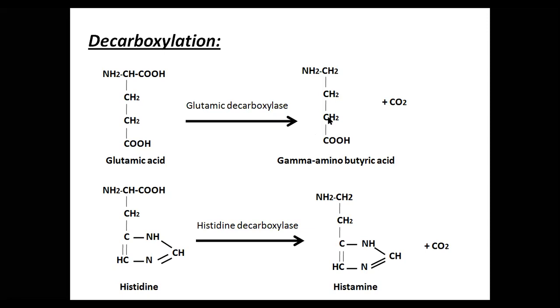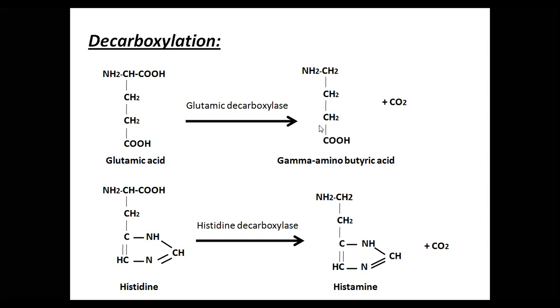So this carbon is known as alpha carbon, this one beta, this one gamma. Is it clear, Losini? So this is why it is known as gamma amino. And why butyric acid? Because the carbon number is 4: 1, 2, 3, 4. This is why it is known as gamma amino butyric acid.